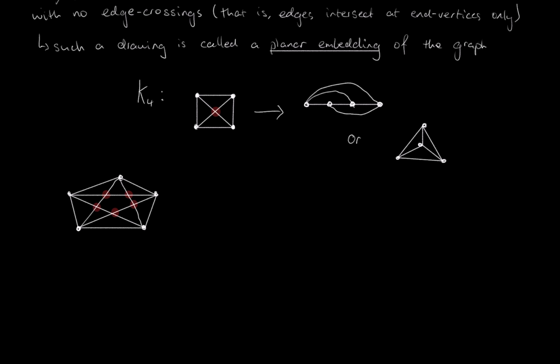So I want to make that clear, this drawing of K5 is not a planar embedding. The question is, does a planar embedding exist?